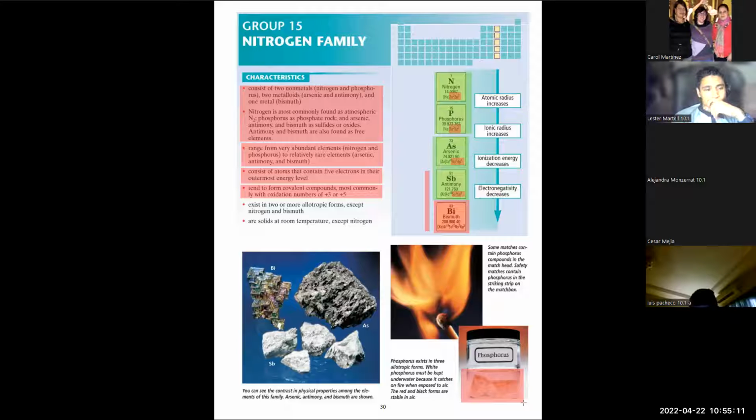It's going to react with air, so it's going to set on fire. It needs to be kept underwater. And the black phosphorus and red phosphorus, the red phosphorus is the one that you can find in the match, they are stable, okay? They can be exposed to air and nothing wrong is going to happen.